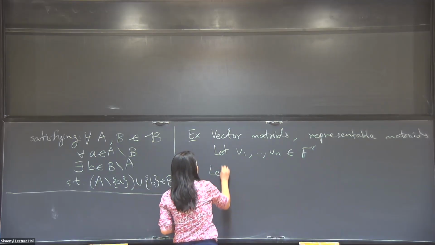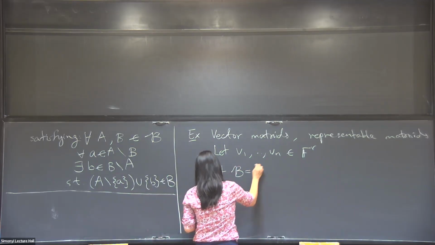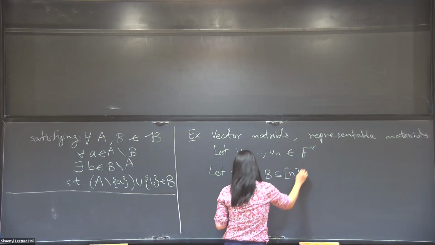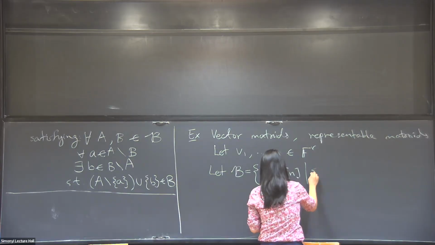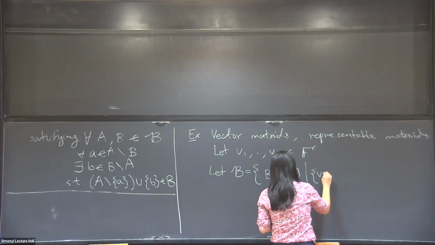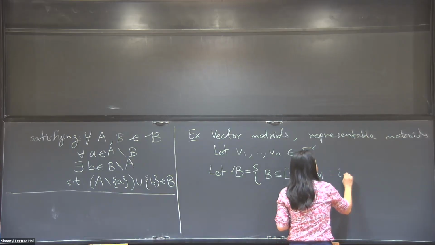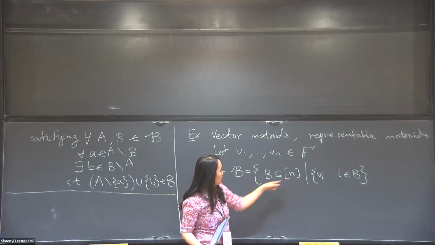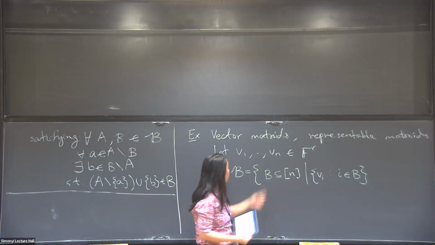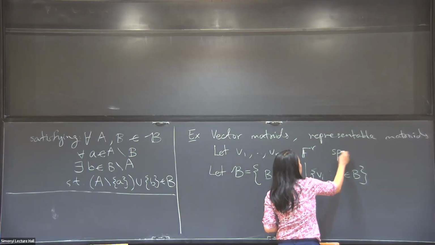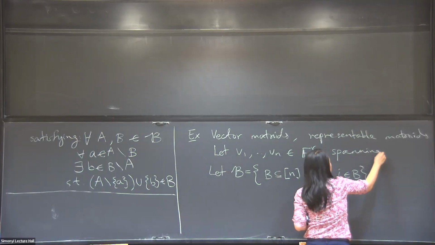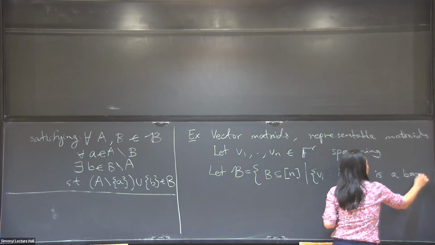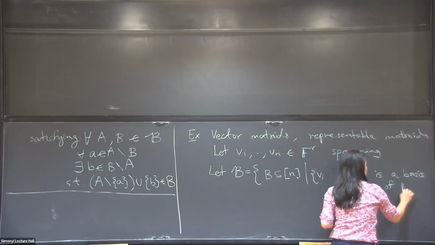Then you can let B be the subsets of indices such that the vectors indexed by B form a basis of F^r. Let's say this is a spanning set for simplicity.